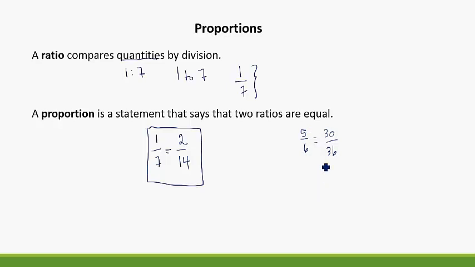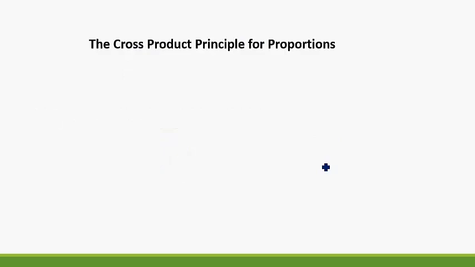We use proportions for solving application problems, and first let's talk about how we would use the cross product principle when we're actually solving proportions. Say we have a proportion that says A over B is equal to C over D. If we wanted to remove the denominators, I could multiply this side times b, and my b's would cancel.